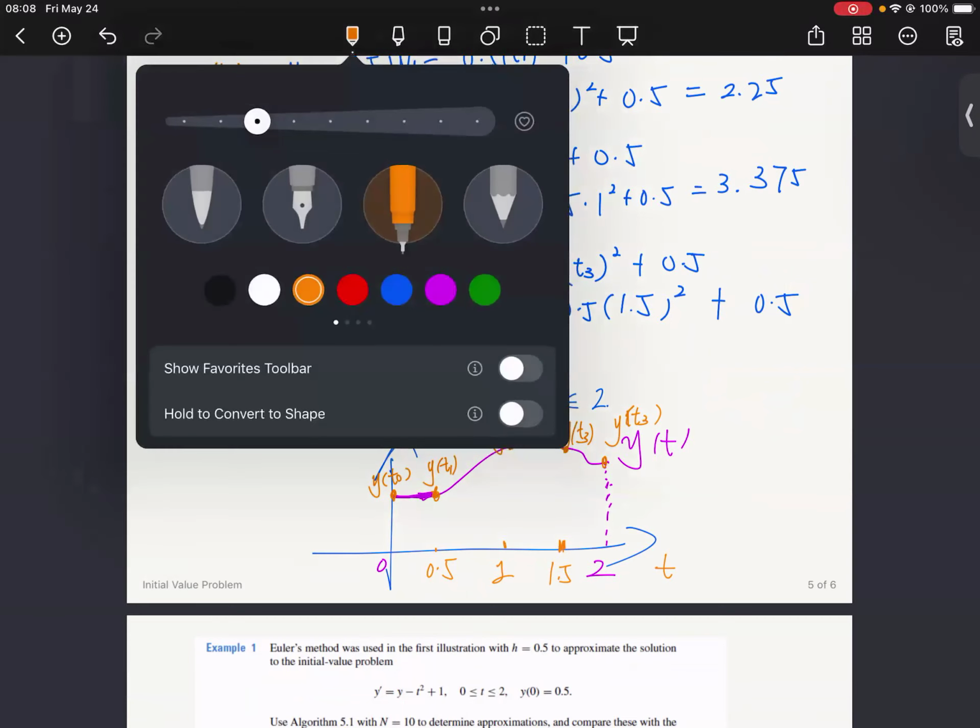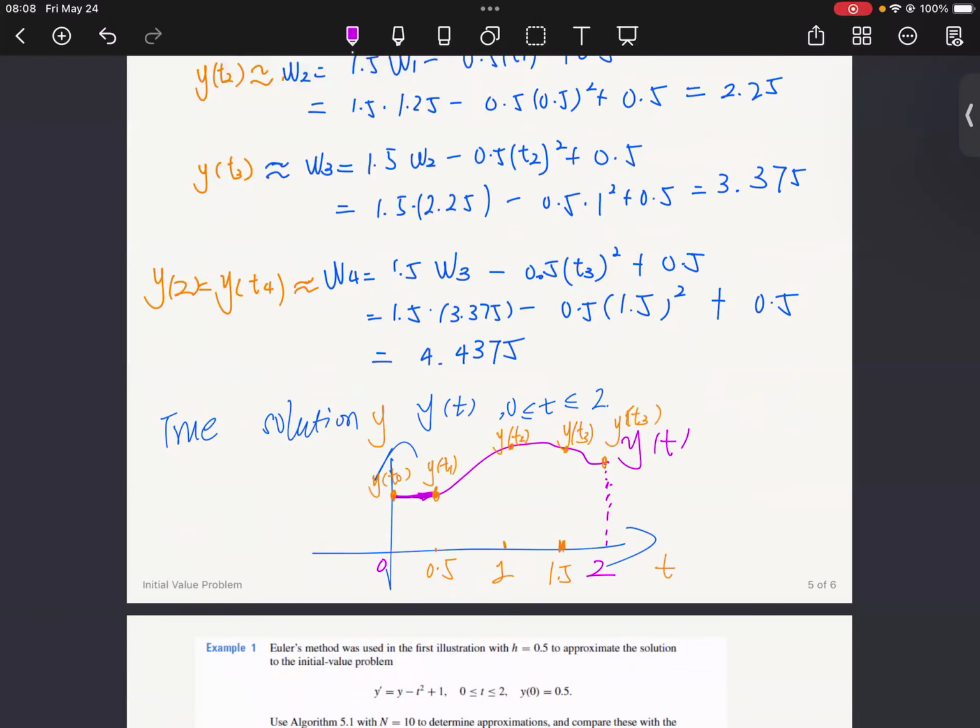And what is W? W is just an approximation value to this. So maybe W0 is here, W1 is here, W2 is here, W3 might be here, and W4 might be here.